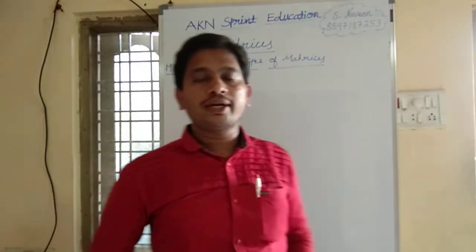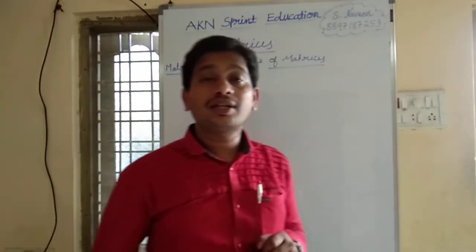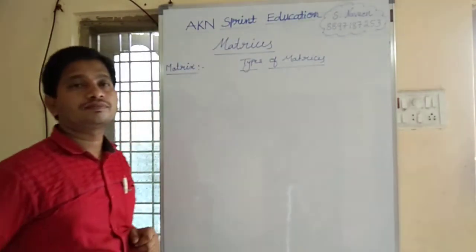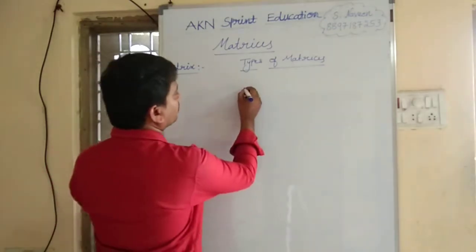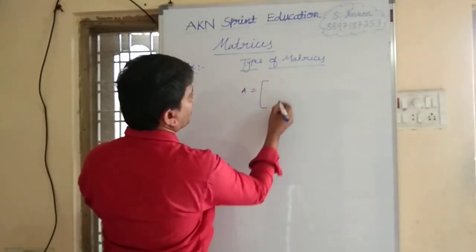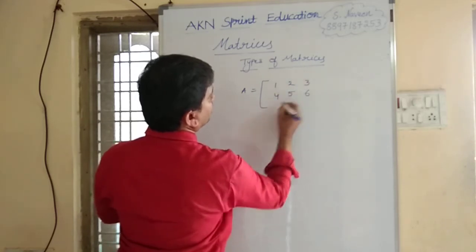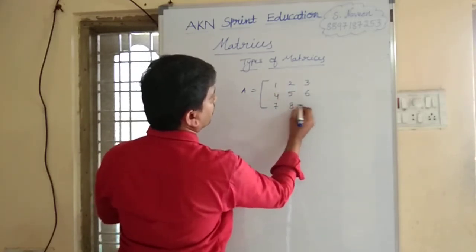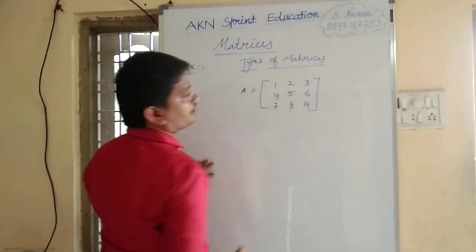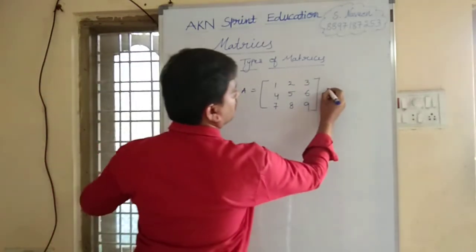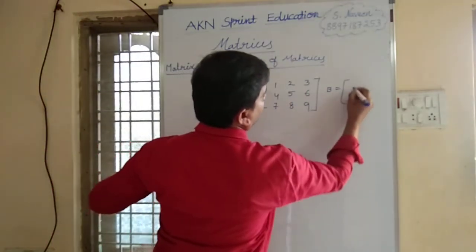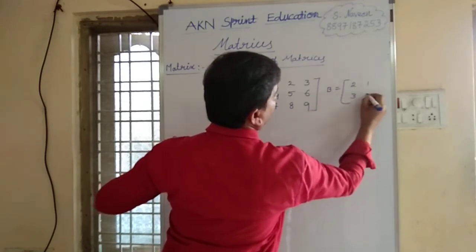So before going to that, let us see what the diagonal elements are. Consider a square matrix A: 1, 2, 3, 4, 5, 6, 7, 8, 9. Consider one more square matrix B: 2, 1, 3, 4.